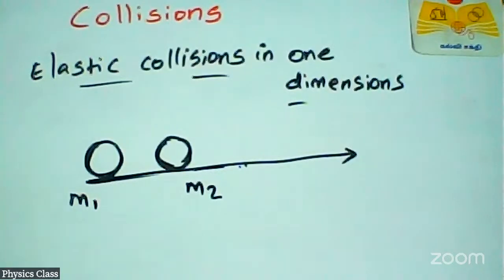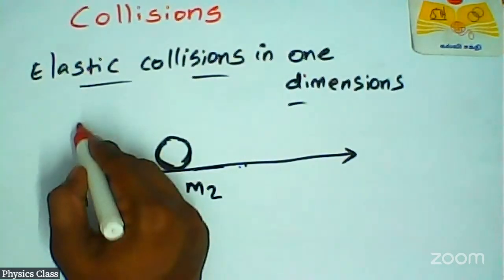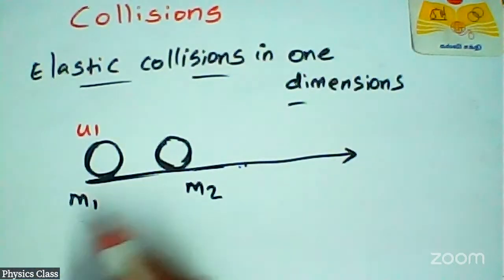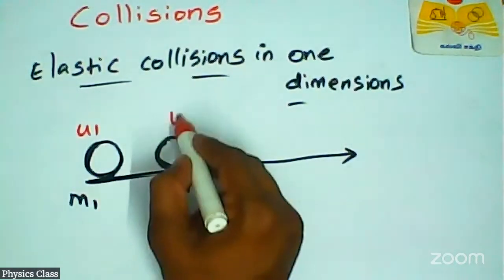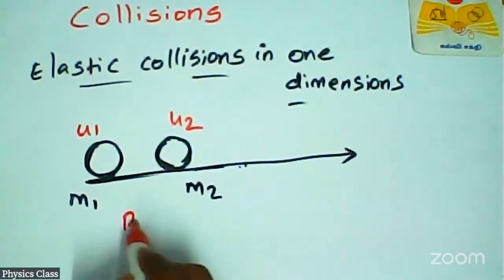Mass m1 has initial velocity u1. Mass m2 has initial velocity u2. This is before collision.